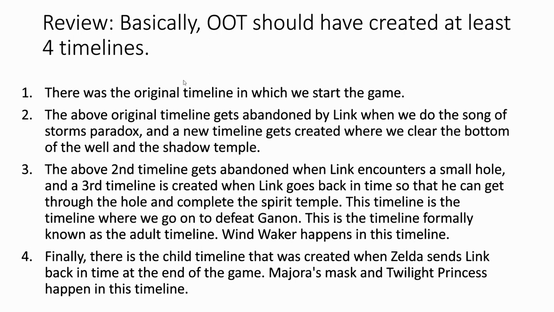You have 2 downfall timelines which get abandoned, leading to a third timeline in which the Hero of Time defeats Ganon, and this timeline technically does get abandoned, but the difference here is that Link has actually defeated Ganon before abandoning the timeline, unlike in timelines 1 and 2. And you have the child timeline, which is timeline 4, in which Link lives out his childhood and gets married and has kids, which leads up to the Hero of Twilight and so on and so forth.